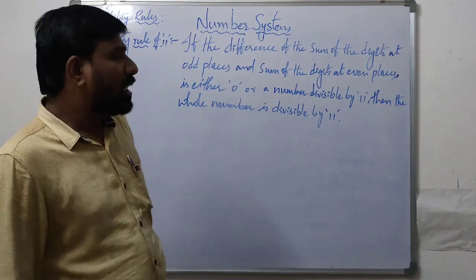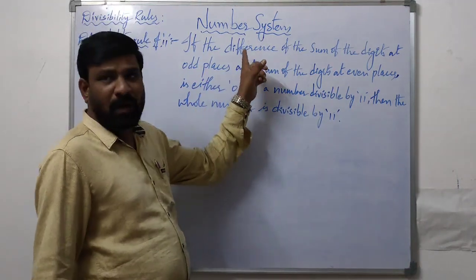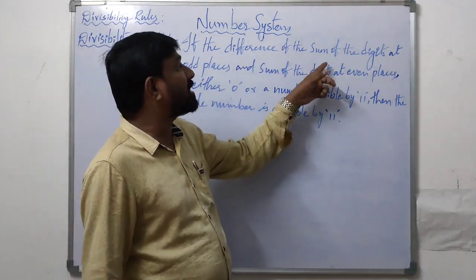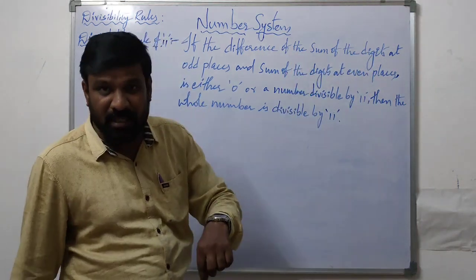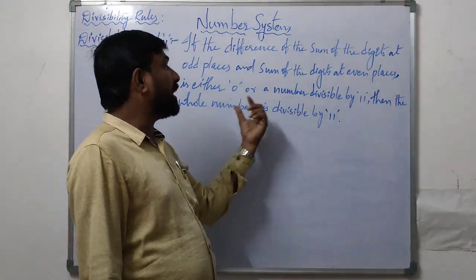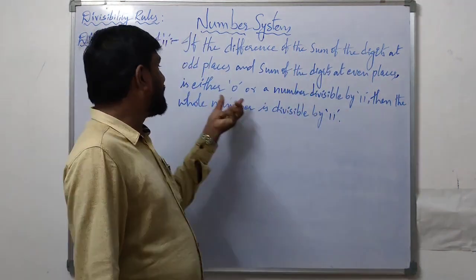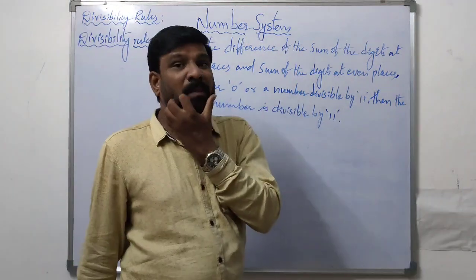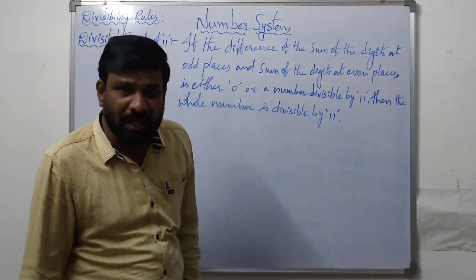Is this clear? Look here. The difference of the sum of the digits at odd places and the sum of the digits at even places is 0 or a number divisible by 11.